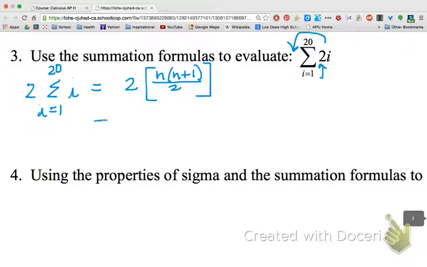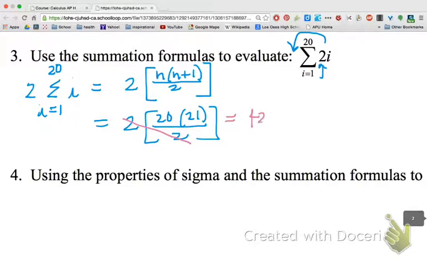And so I have to look at what's n. Well, n was 20. So the next number would be 21. And of course we go, oh my gosh, look what's going to happen. Those 2's are going to magically cancel. And 20 times 21 is 420.